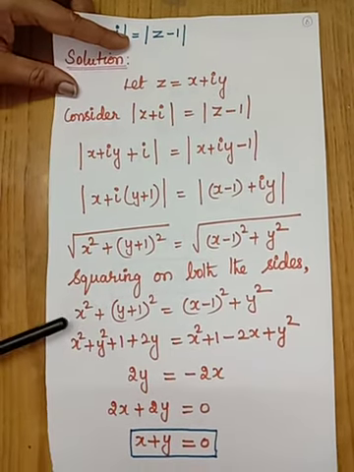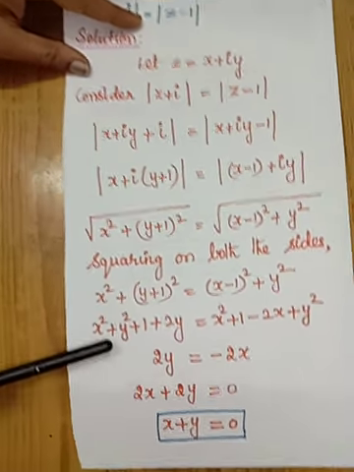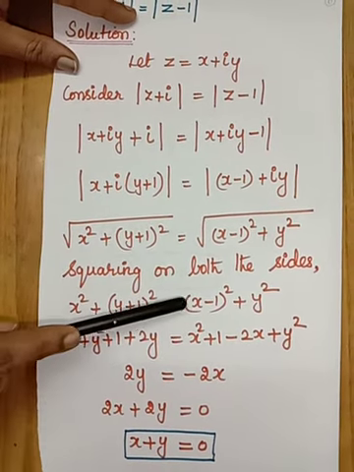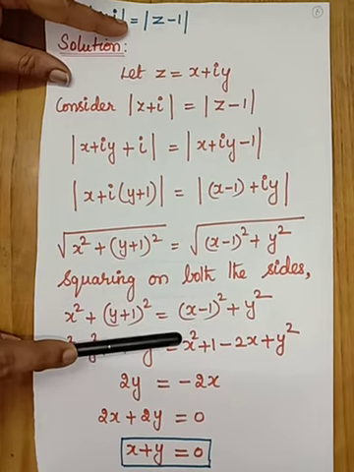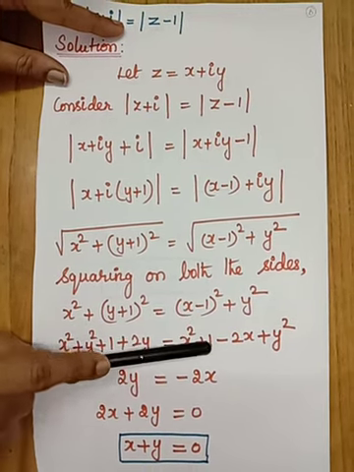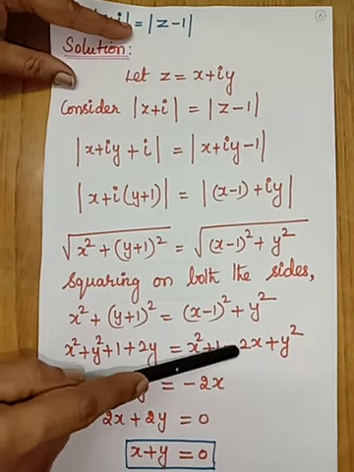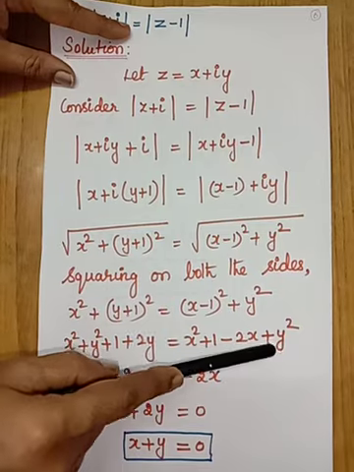Okay, so when you expand, it is x squared. It is in the form of a plus b the whole square, so a squared plus b squared plus 2ab. Here it is in the form of a minus b the whole square, so it is x squared plus 1 minus 2x, a squared plus b squared minus 2ab, plus here you are having y squared, so I have written the y squared.